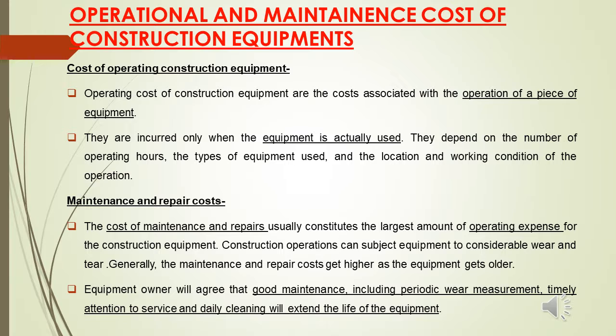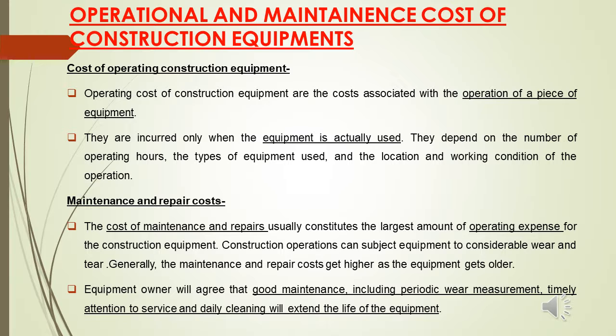Operating cost of construction equipment are the costs associated with the operation of a piece of equipment. So when the equipment is being operated, this is what it involves, the cost when it is still in operation.